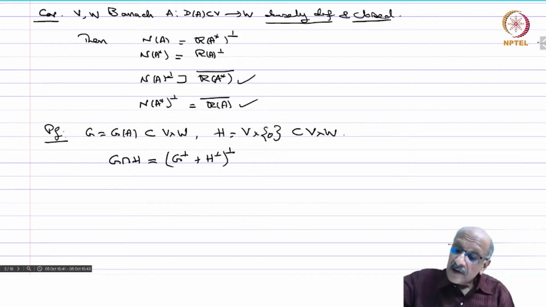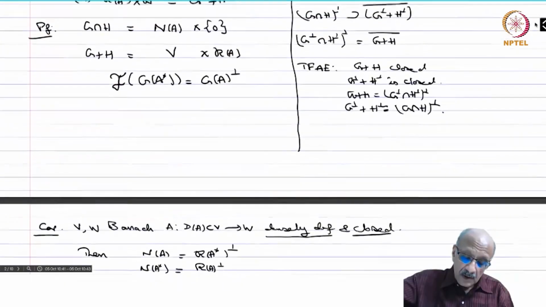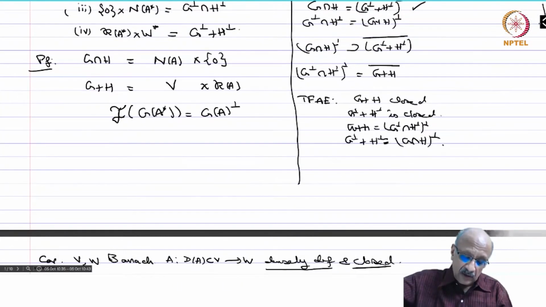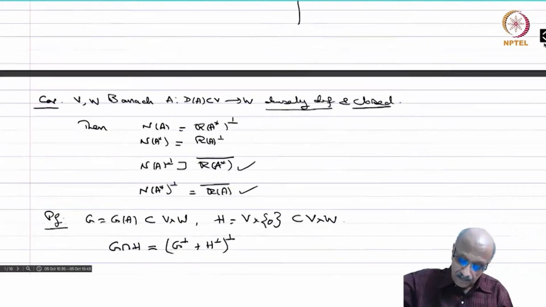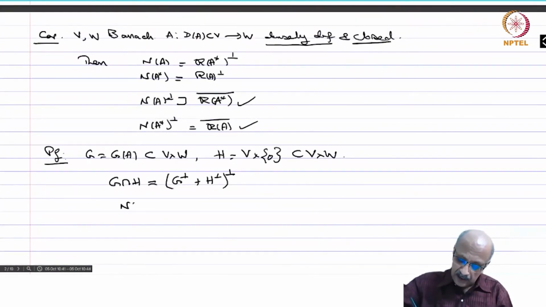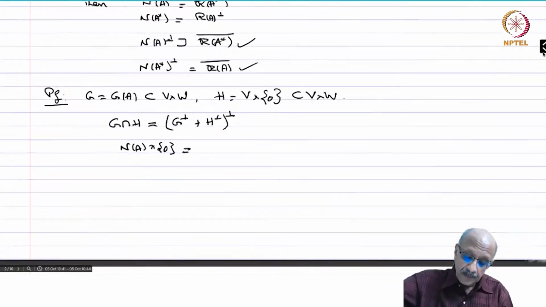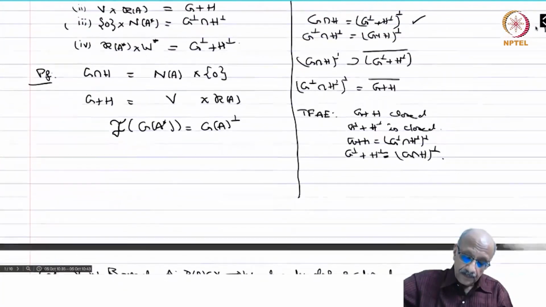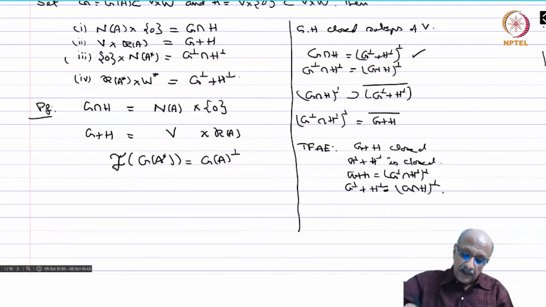Now what is G intersection H? It is N(A) cross 0, and therefore N(A) cross 0 equals G perp plus H perp perp. G perp plus H perp is range of A star cross W star. So if you take the perp, the W star will give you 0, and here you have range of A star perp.